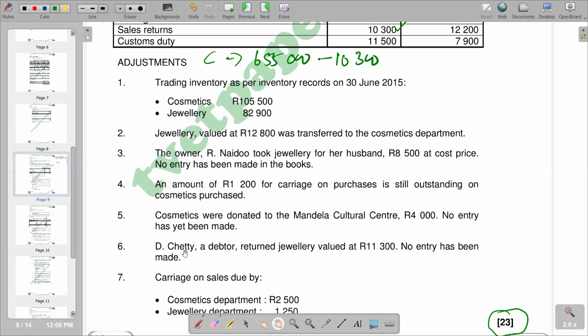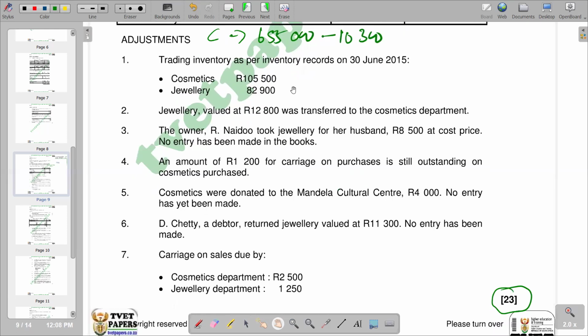Like if you go to item 6, it's saying a customer returned jewelry valued at 11,300, but this is going to affect our jewelry department, and no entry has been made, so we adjust it in the jewelry calculation.